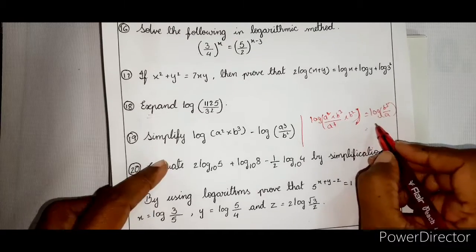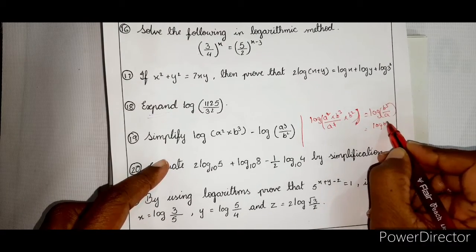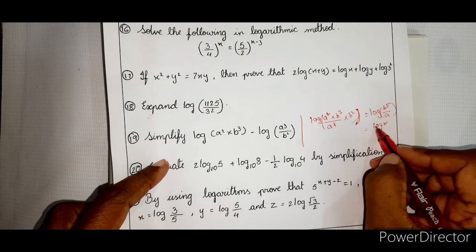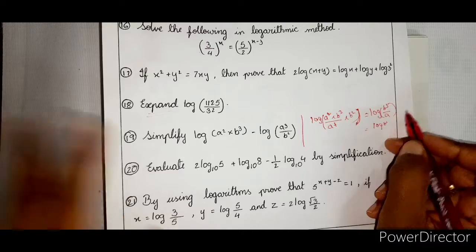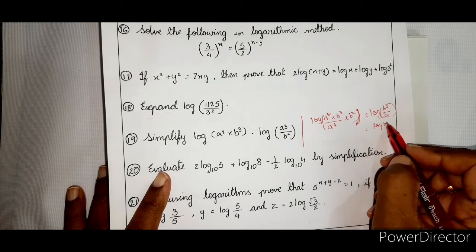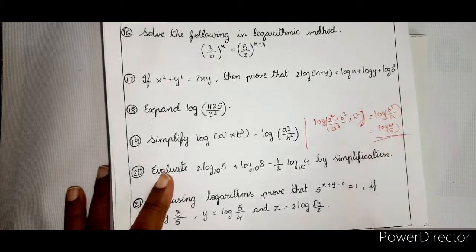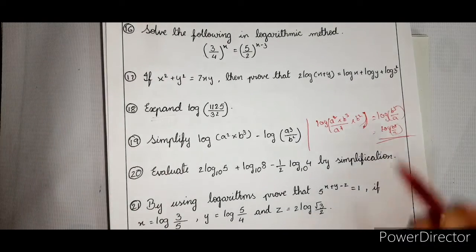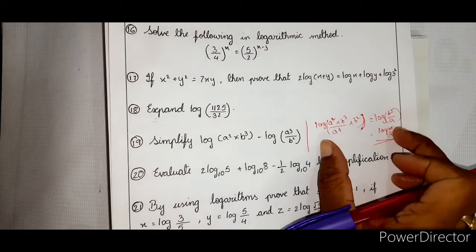Or I will write it also like this. Even you can leave it like this, log b power 5 by a, or log b power 5 minus log a. But it is better you leave it with a single log, so b power 5 by a. This is a single logarithm directly. Such problems usually will be asked for half mark questions.